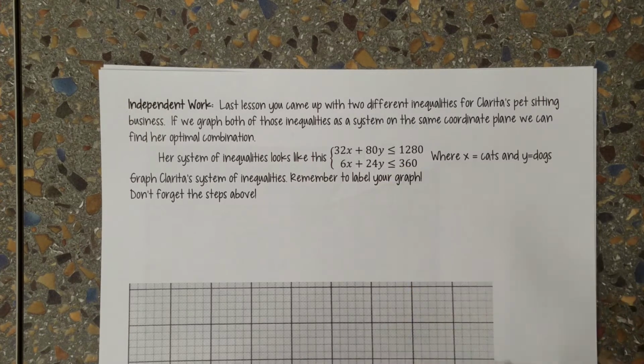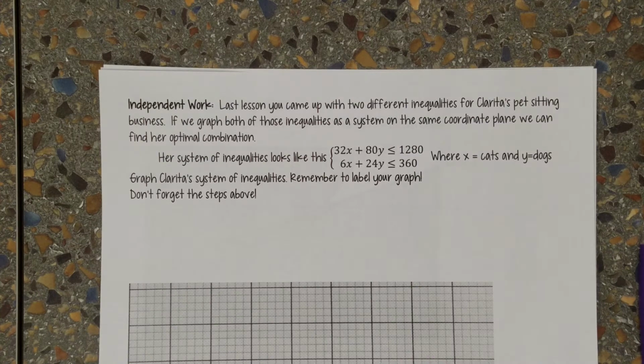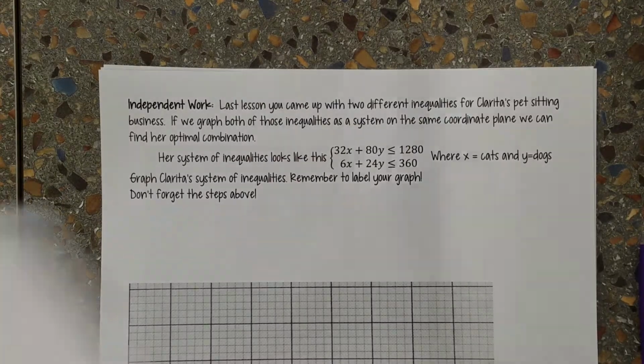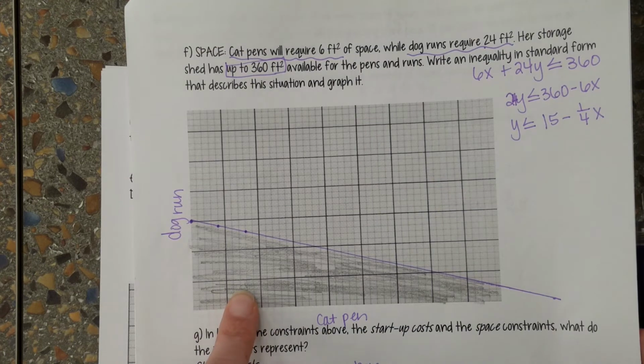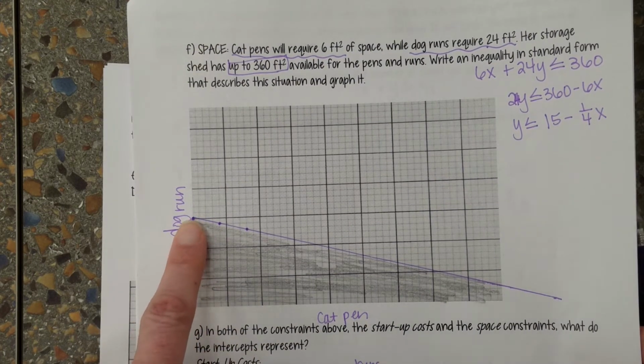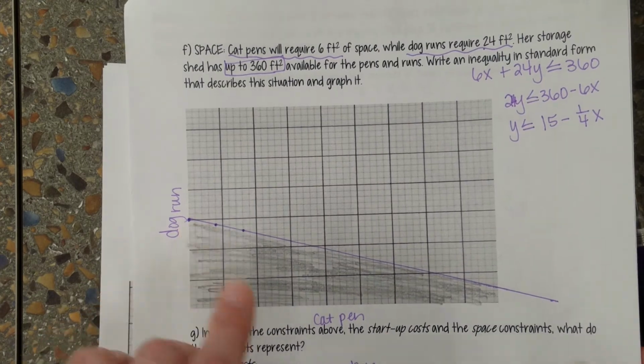Because if you guys remember, if you think back to our systems of equations, or the unit 5A.3 that you guys did with partners, this one right here talked about how much space she had, and with as much space as she had, she could have up to 15 dogs. If she did no cats, she could do up to 15 dogs.